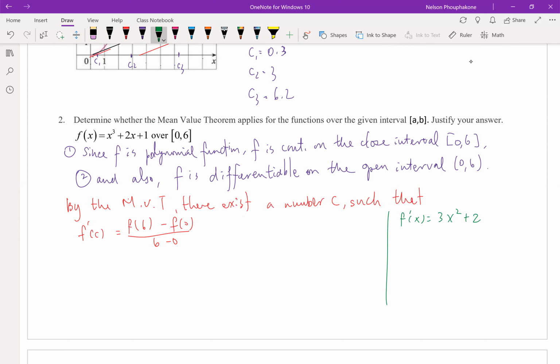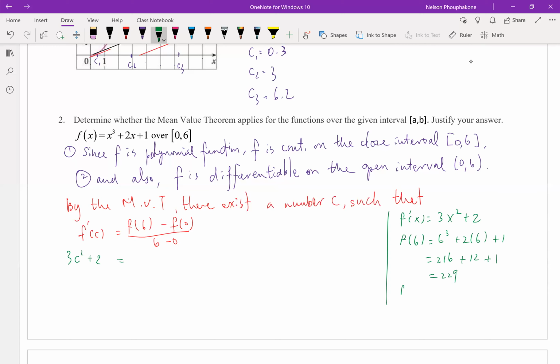So f prime of c will be 3c squared plus 2, which is equal to f of 6, which is 6 to the power 3 plus 2 times 6 plus 1. So it will be 216 plus 12 plus 1, so 229.